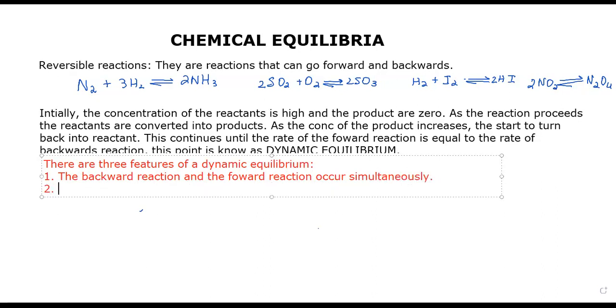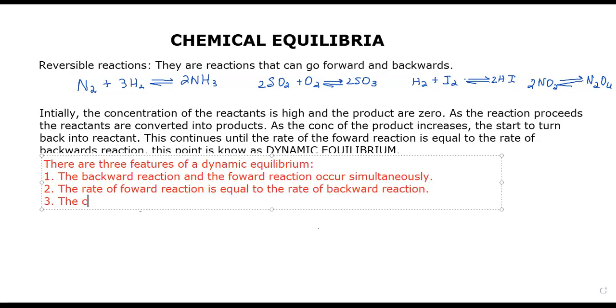Point number two, the rate of the forward reaction is equal to the rate of the backward reaction. And point number three is that the concentration of product and reactant is constant at equilibrium.